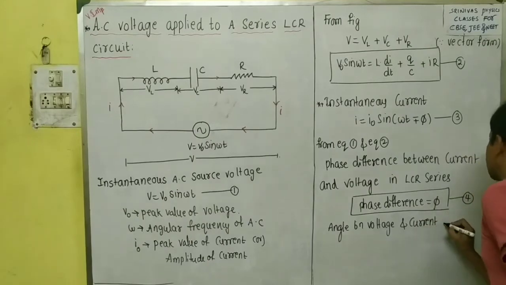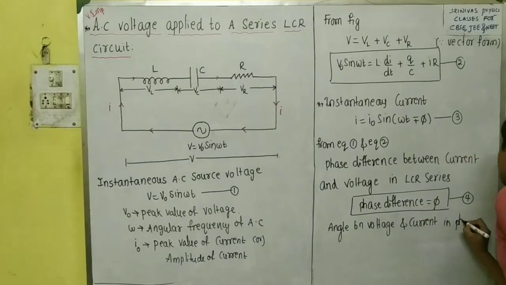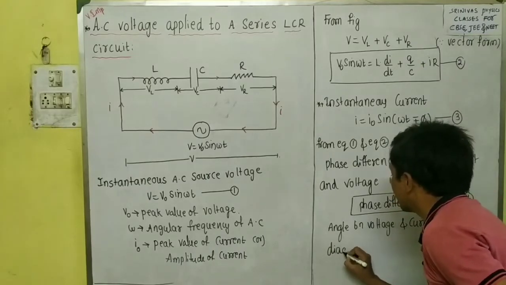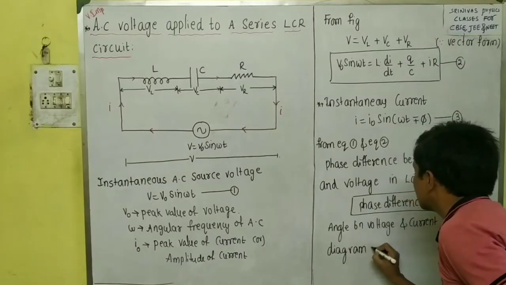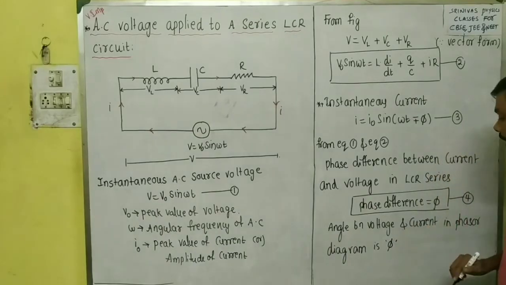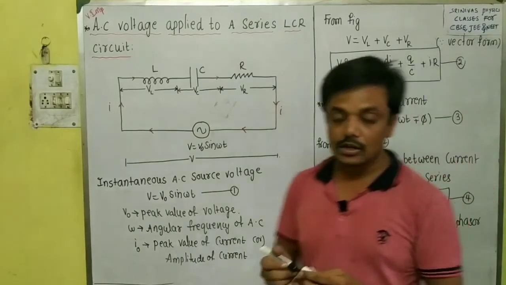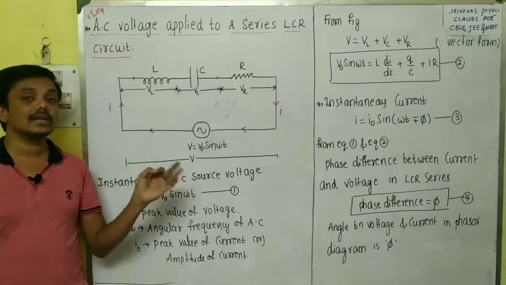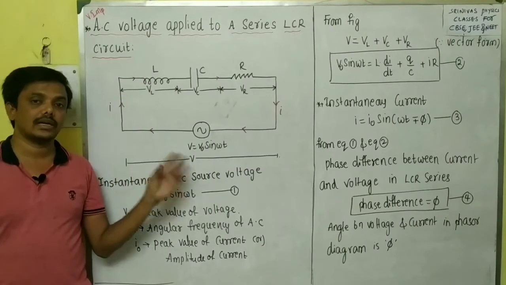In the phasor diagram, you already know, the phase difference phi gives the angle between the current and voltage. In this chapter, alternating current, we take the current and voltage as vectors.